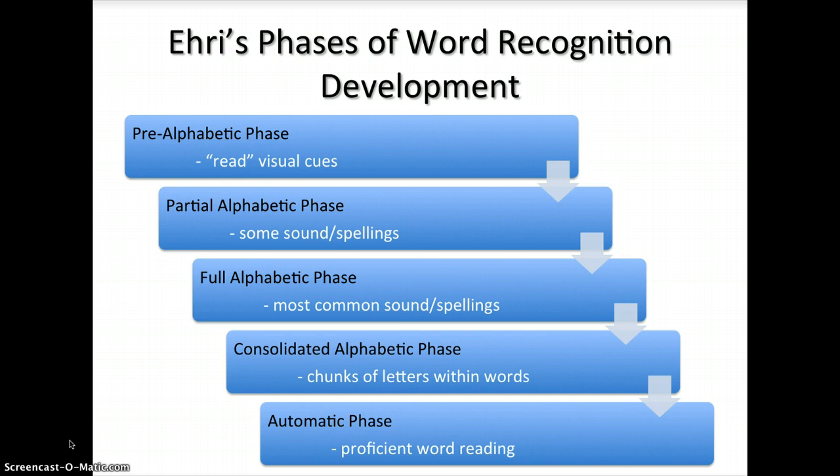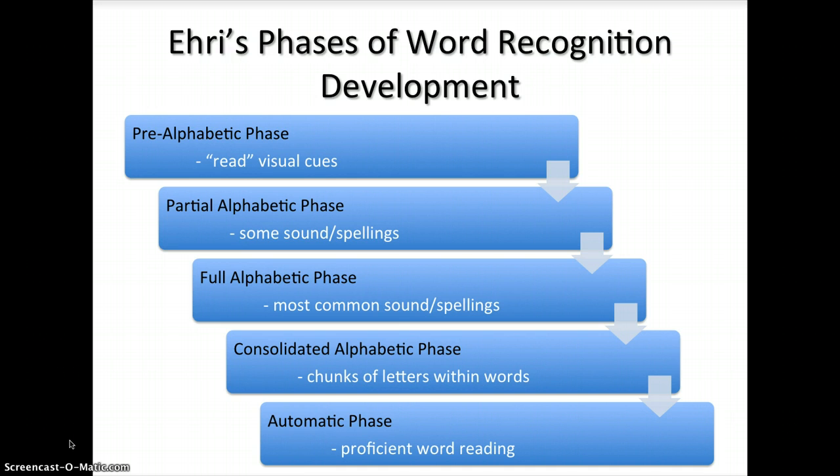So these grapheme-phoneme blends become larger units, and we start seeing these patterns in words repeat, and that helps establish them into memory for us. So again, we're starting to develop more and more sight words. And by sight words, I just mean that it becomes automatic for us to recognize the word, or at least the syllable that includes this pattern that we've learned.